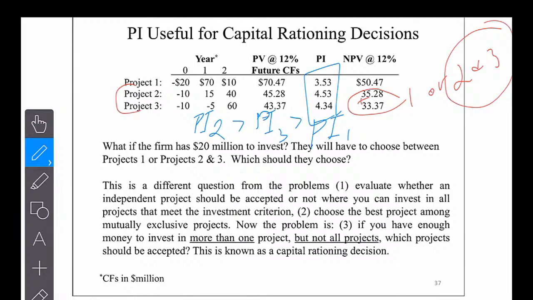And that's enough to give me the answer. So because of that, these two are higher, so ranking works with the profitability index and it gives me the right answer. I don't have to make another table. I don't have to make any more tables. Just look here. So that's how you can use PI with capital rationing.